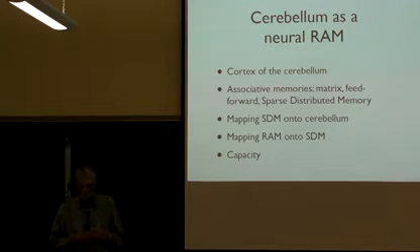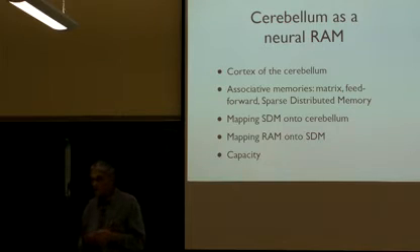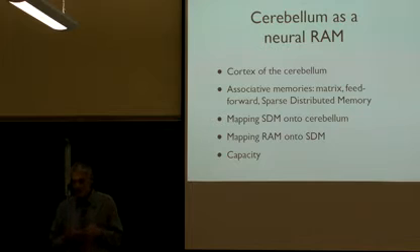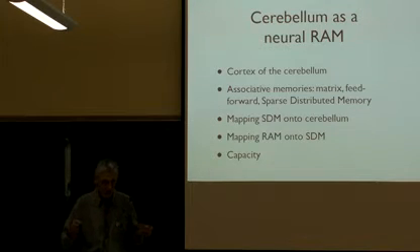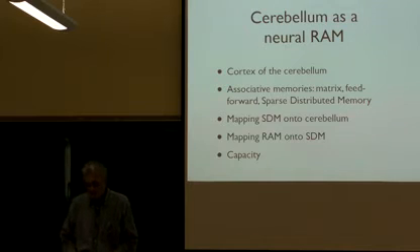Then I finish with some talk about the capacity of biological memory. If the cerebellum is interpreted as a random access memory, what is its capacity in very standard data processing terms, in terms of bytes?